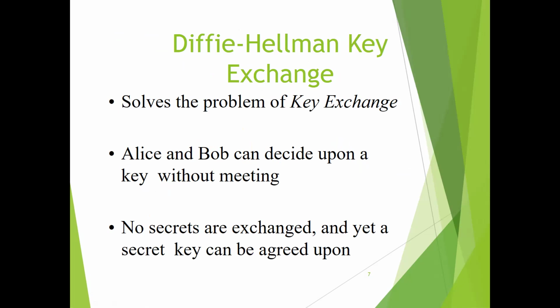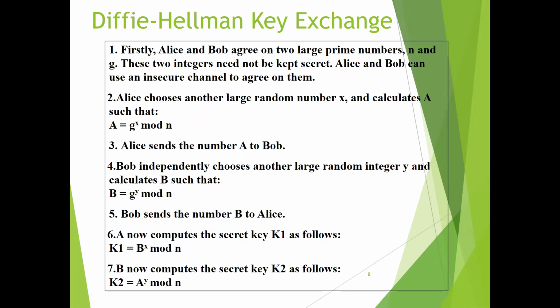For example, if we have two users, Alice and Bob, who want to communicate with each other, they decide upon a key without any particular meeting, and in this algorithm there won't be any exchange of secrets like the secret key. Even if they are not exchanging the keys, we will be calculating those keys at their ends, and later this secret key will be used for encryption and decryption. So we will see how this algorithm works.